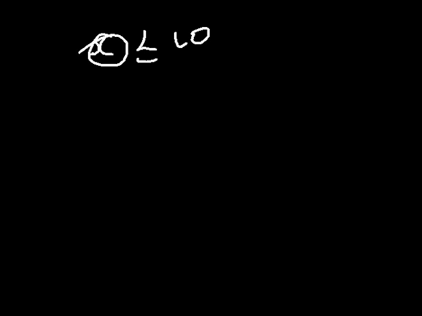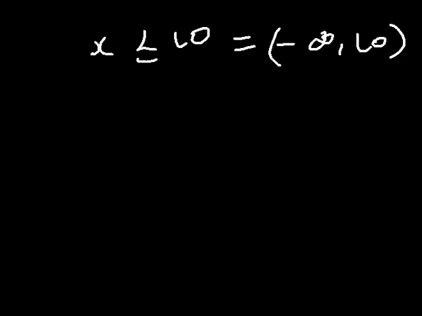You should understand that this is the same as negative infinity to 10, because the x values are less than or equal to 10, which means the x values are decreasing towards negative infinity.